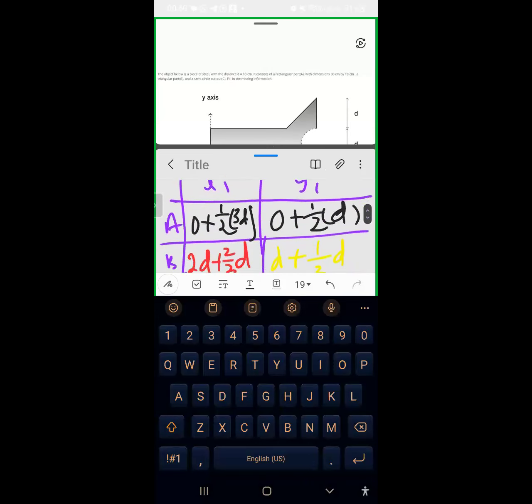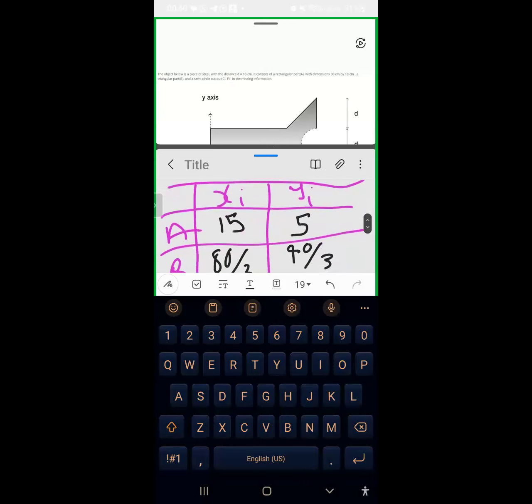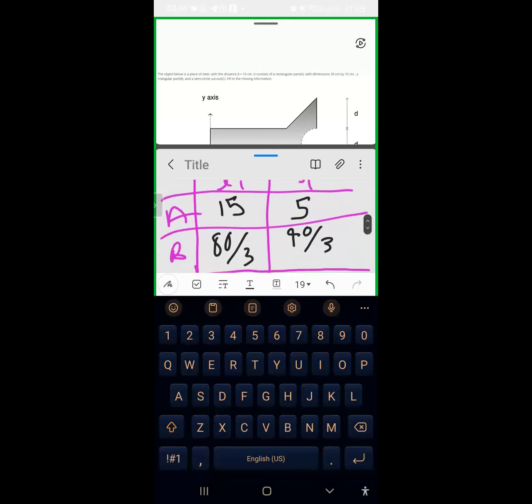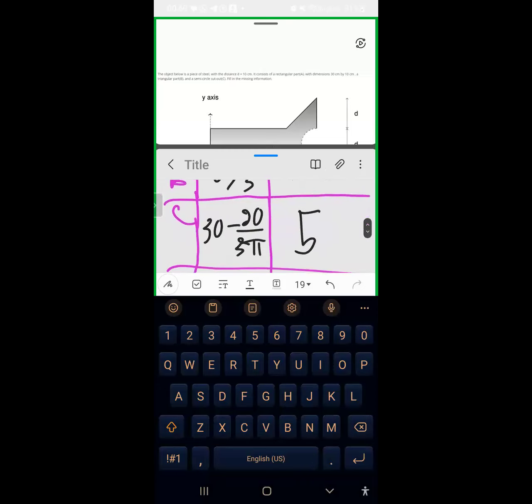We have 300 multiplied by 5, and then the second one we have 50 multiplied by 40 over 3, and then the last one we have minus 25 over 2 pi multiplied by 5.